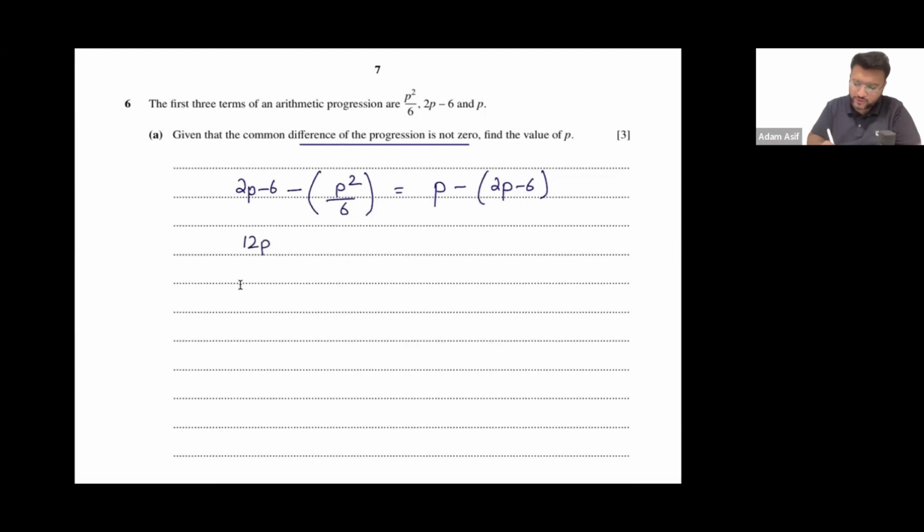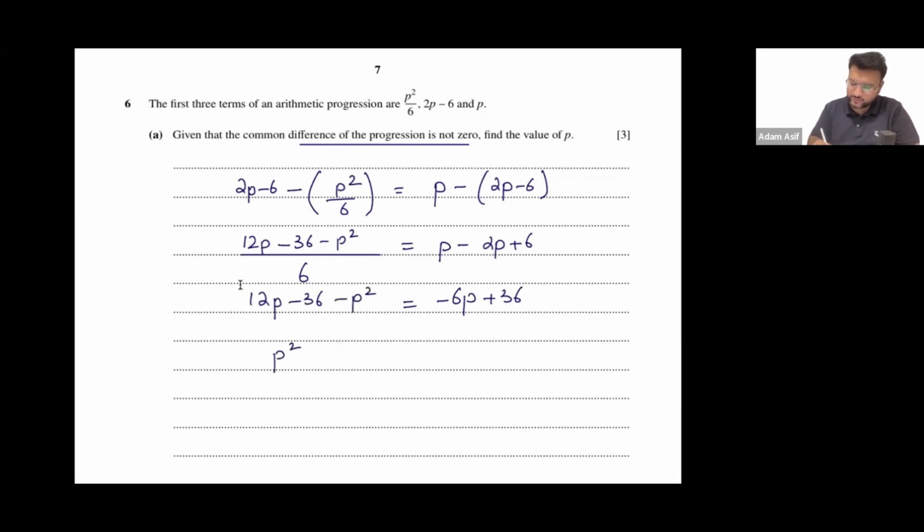So 12p, you make the denominators common, 36 minus p squared, p minus 2p plus 6. Minus p times 6 is minus 6p plus 36.